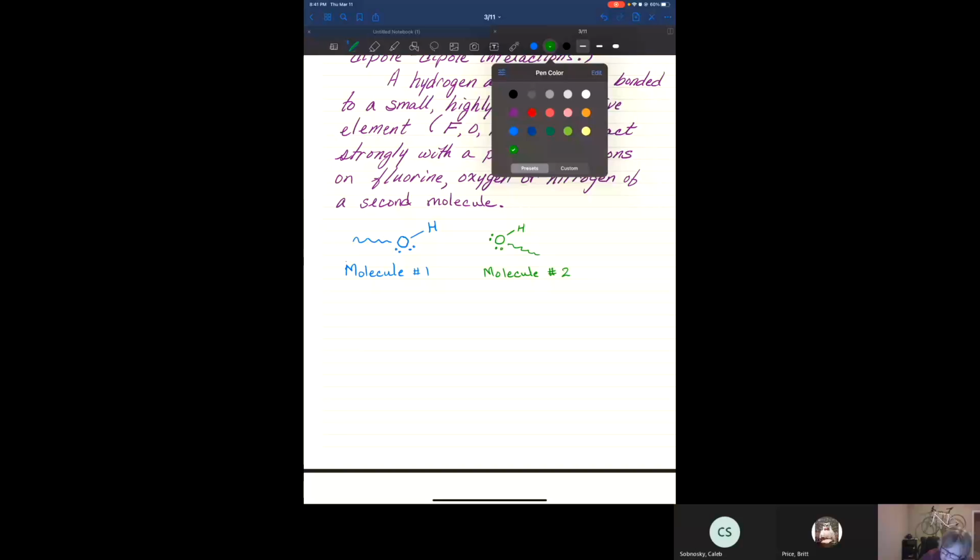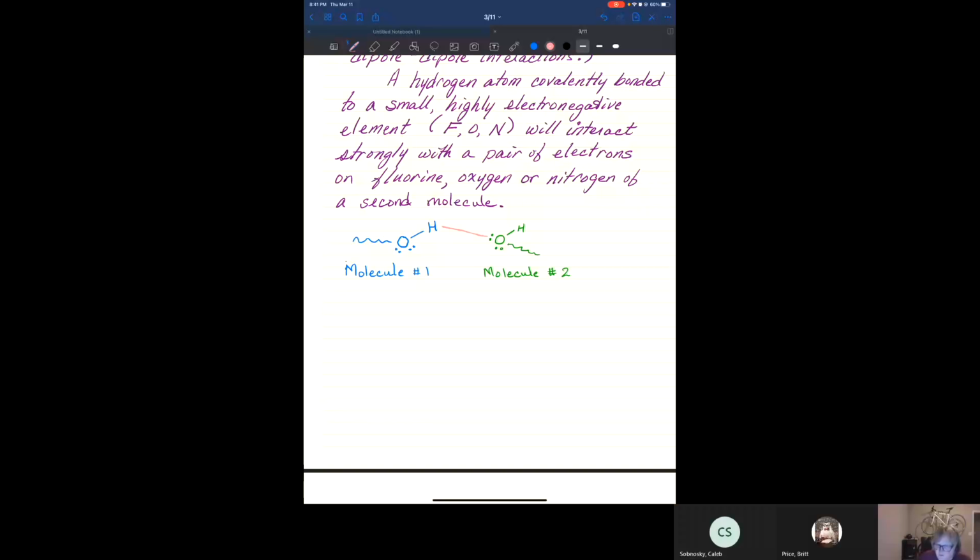The interaction that is occurring is between the lone pair on molecule 2's oxygen and the hydrogen that is on molecule 1's oxygen. So here is my HB.